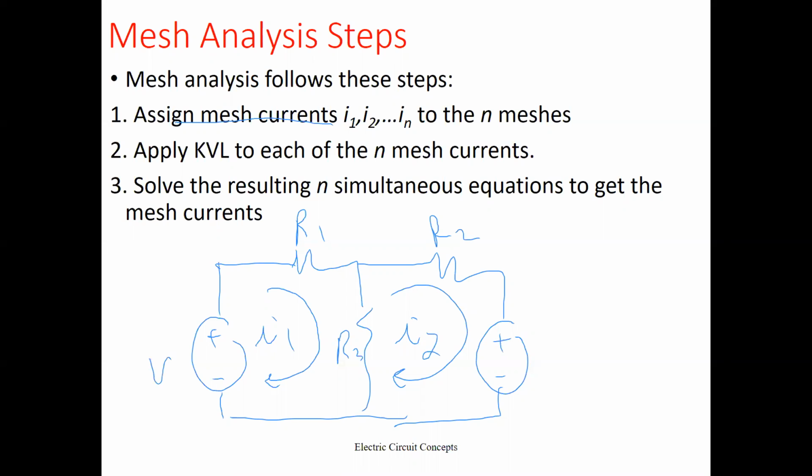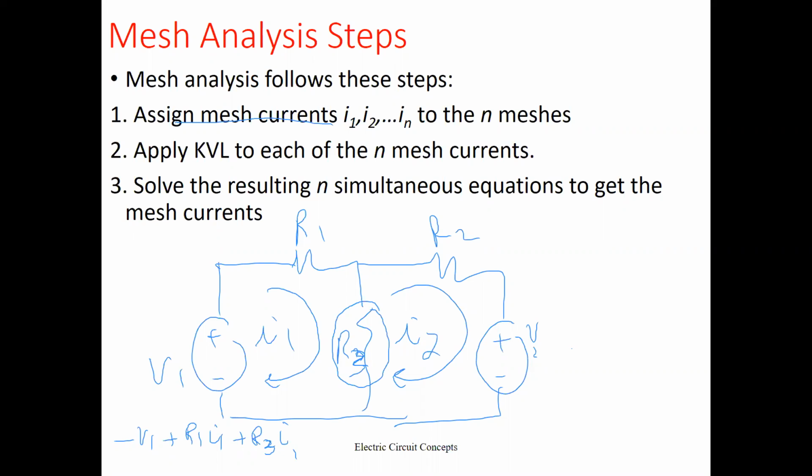Let's say this is V1, this is V2. To do that, I could just apply KVL around loop number 1. So it would be minus V1 plus R1 I1 plus R2, R3, I1. But if we look down here across the R3, actually there's two currents flowing through the R3.